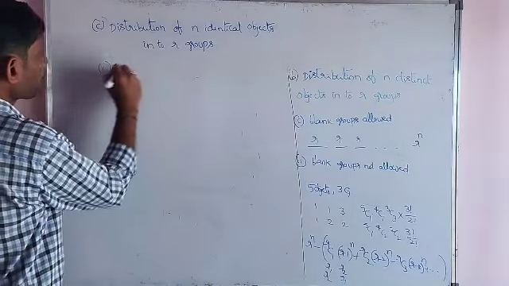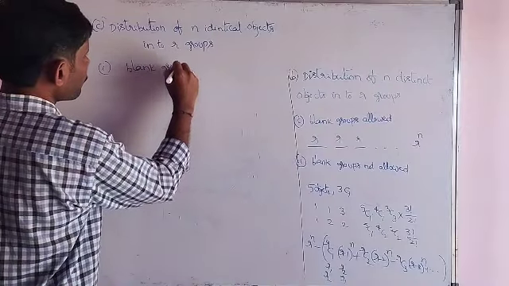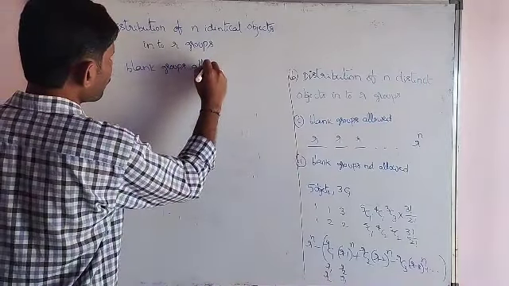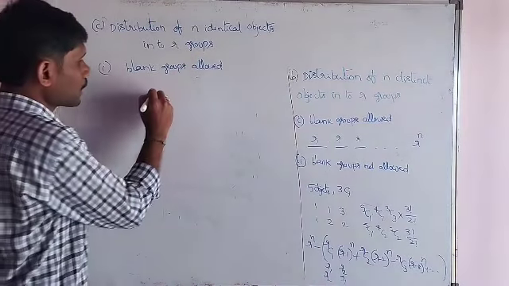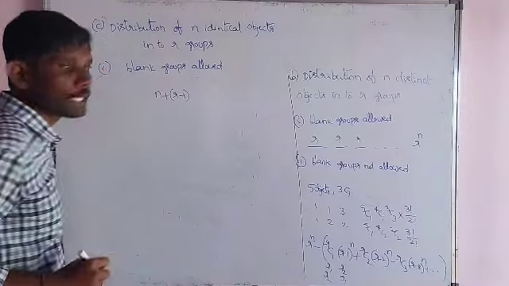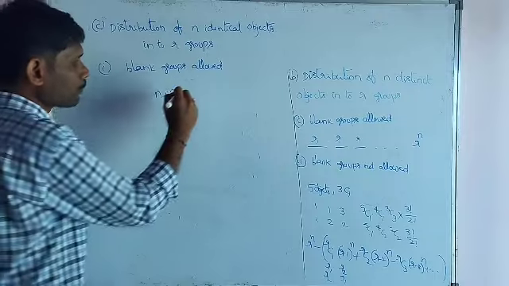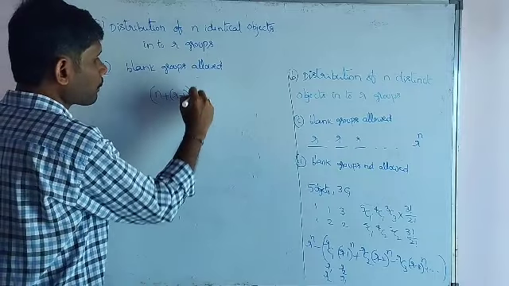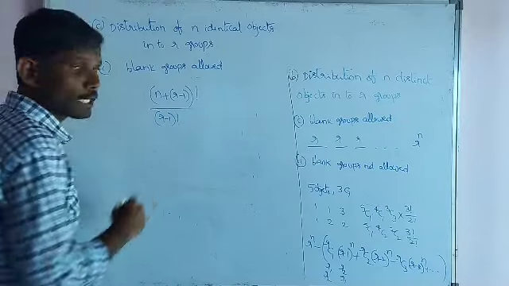So here again, the blank groups allowed case. So what we did earlier, n objects and r minus 1 partition marks we added and we arranged those. So (n plus r minus 1) factorial divided by (r minus 1) factorial, because partition marks are identical.